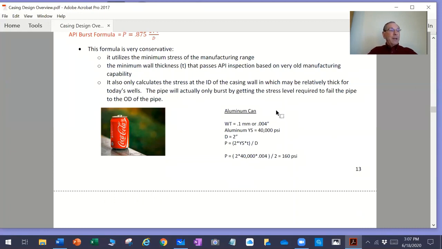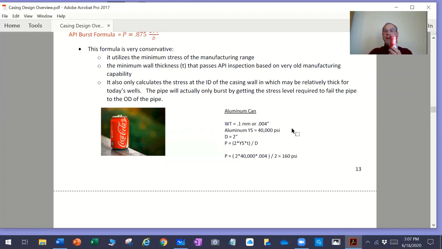Now here is, I would say, something that fits the condition of the API equation. Very, very thin-walled member. Happens to be a soda can. And the wall thickness on this soda can is about 0.1 millimeter, or 4/1000ths of an inch thick aluminum. The aluminum yield strength is 40,000 psi approximately.